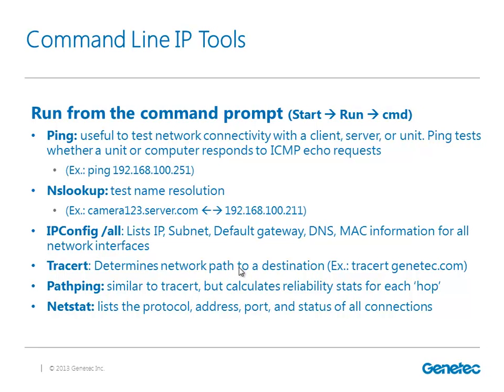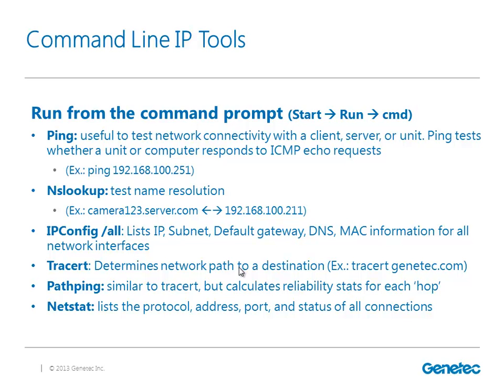Command line IP tools. There are many basic command line IP tools included with your Windows operating system that are often used by Genetec's tech support department when troubleshooting video issues. Commands like the ping command, useful to test network connectivity with a host, the NSLOOKUP command to test name resolution, the ipconfig command to list your IP configuration, subnet, default gateway, DNS, and MAC information.